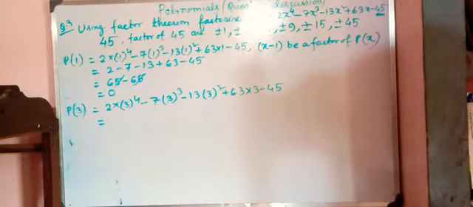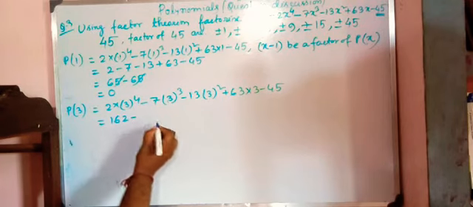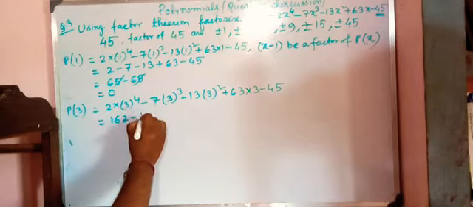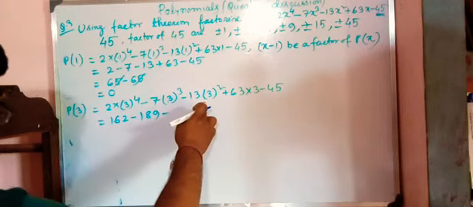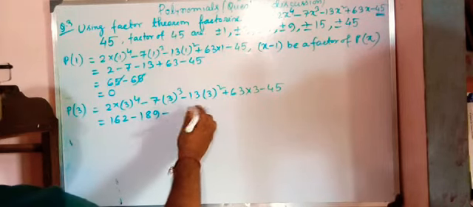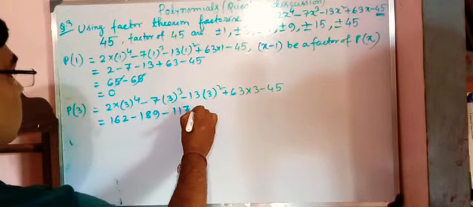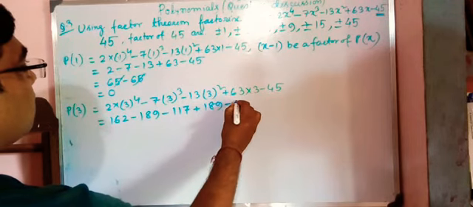Now, if we calculate it, 162 minus 189 minus 117 plus 189 minus 45.